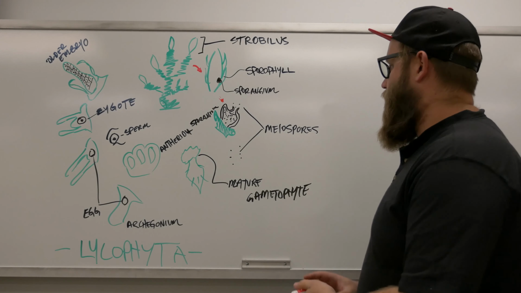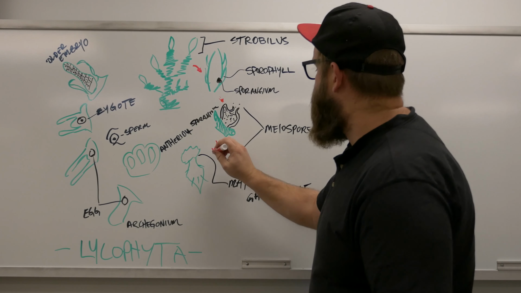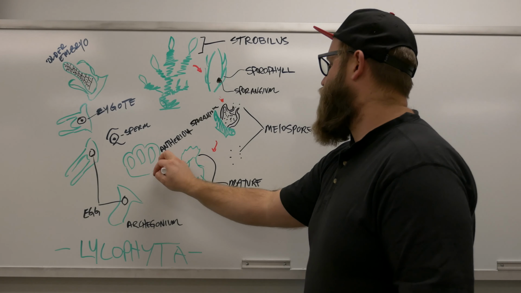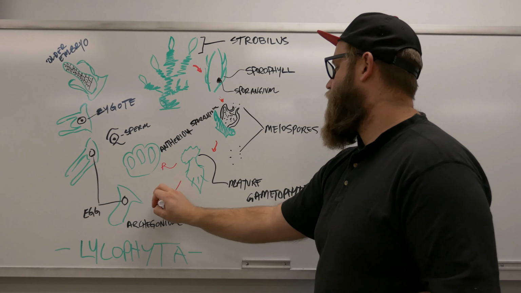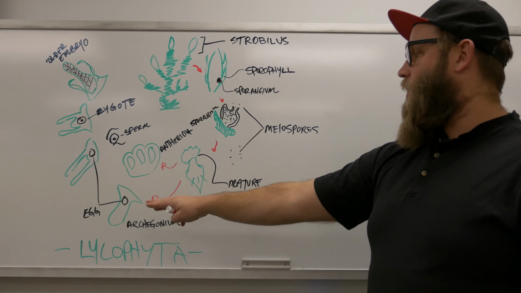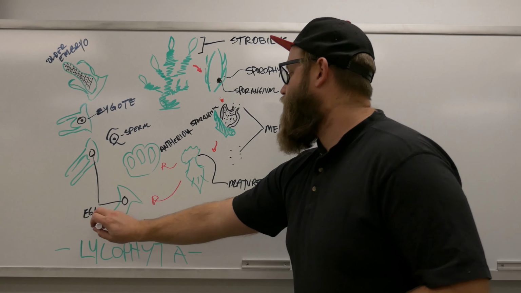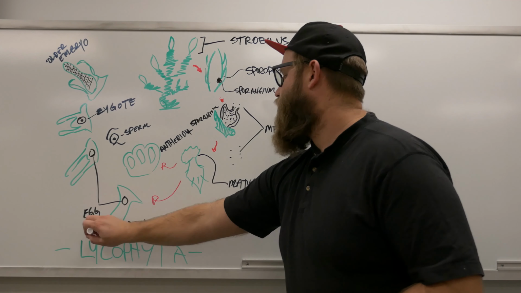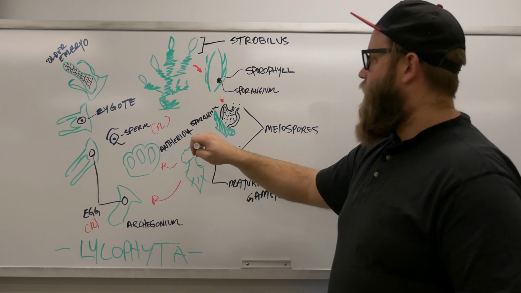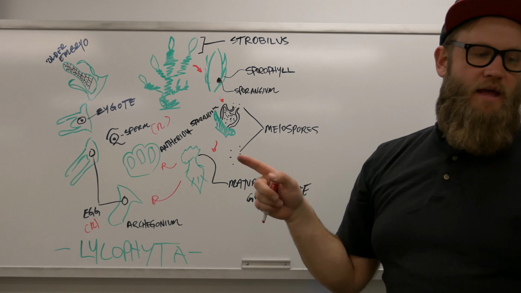And once these spores germinate into this mature gametophyte, we're going to have two different structures forming. Okay, we'll have an archegonium where an egg forms, and you might guess that this is N, as well as the antheridium and the sperm, which are N.